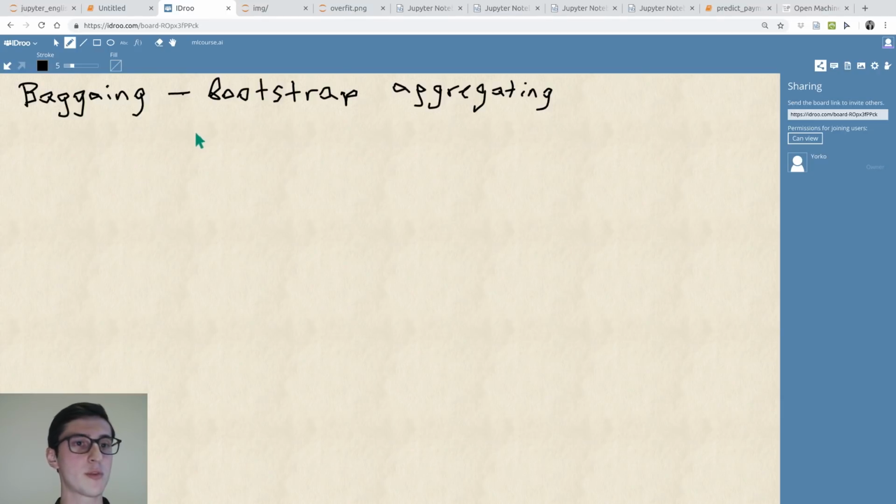So previously we've seen the Condorcet jury theorem, and we concluded that classifiers need to be somewhat different, and bagging is a technique to do so.